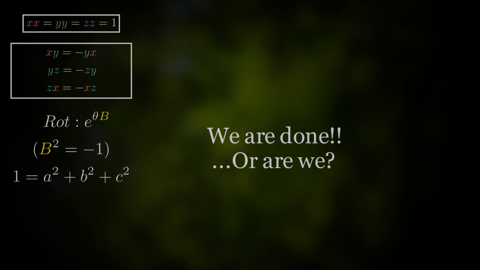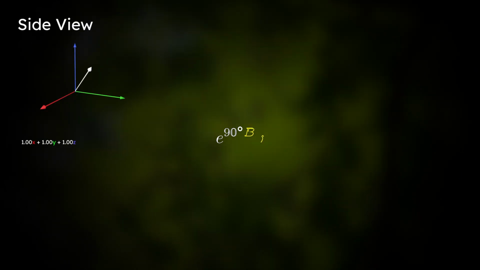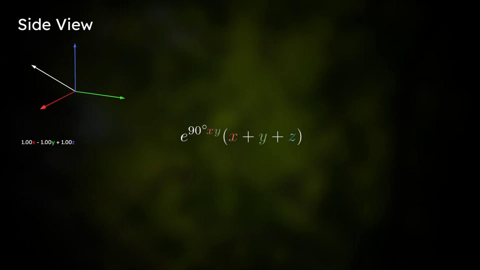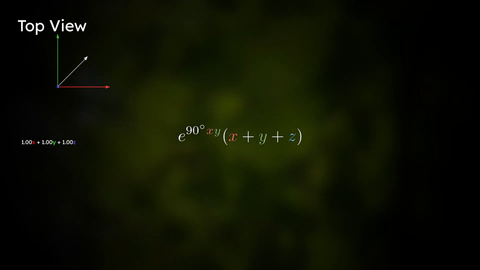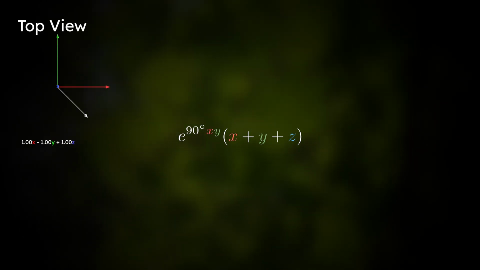Or are we? We should test our rotation operator now to see if it gives the correct results. Let's try rotating the vector x plus y plus z 90 degrees clockwise on the xy plane. I'll let the calculation play out.